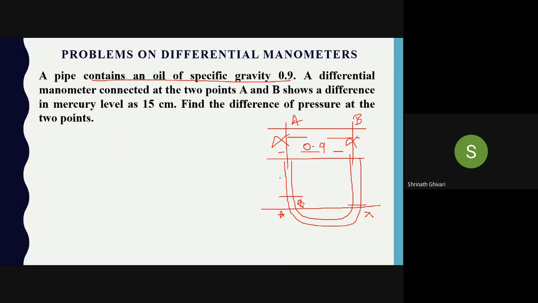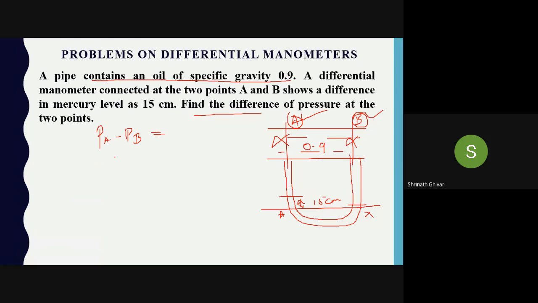A differential manometer is connected at two points, A and B, and it shows the difference in mercury level, that is 15 centimeter, that is H. Find the difference of pressure at the two points A and B, so PA minus PB we have to find out.